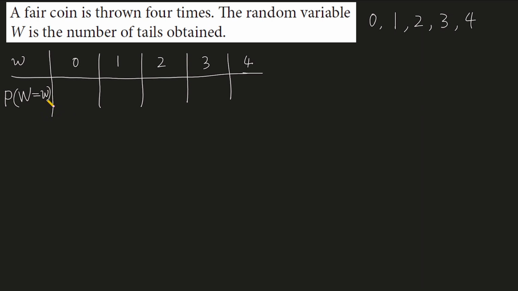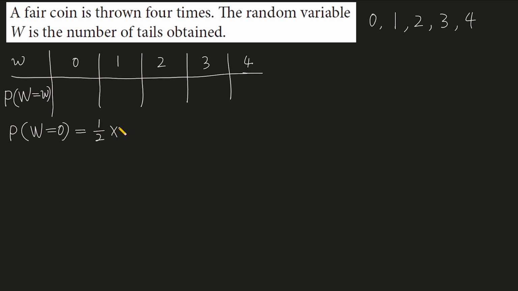Now we find the probability that the random variable equals 0. This is that we got heads on all 4 times. So the probability that we get head on the first time is 1/2.